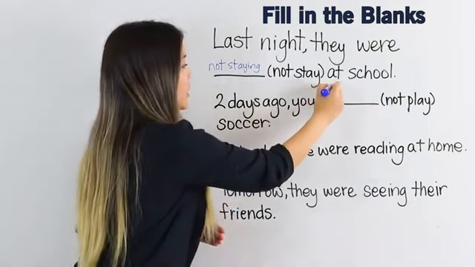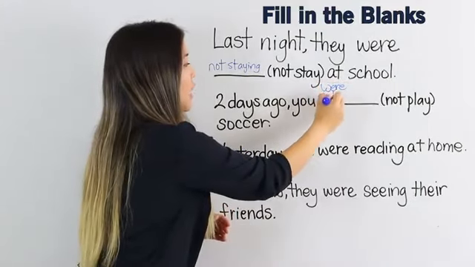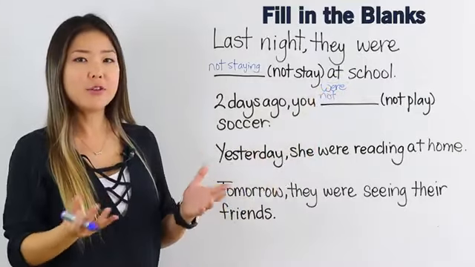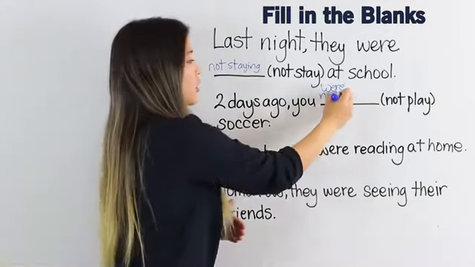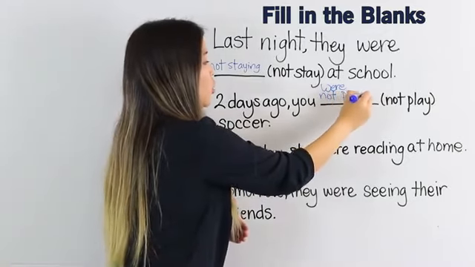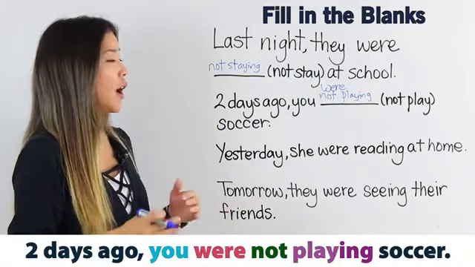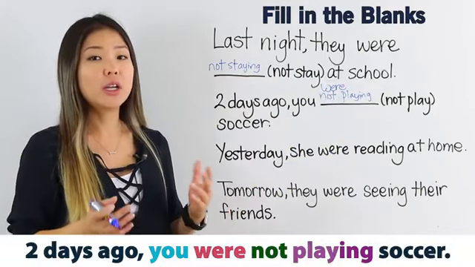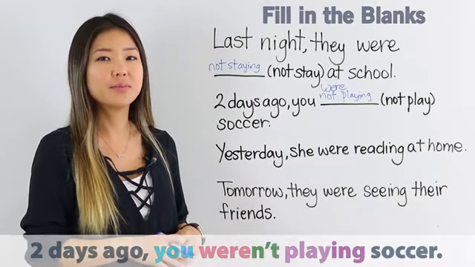The correct answer is were. And then we say not. What happens after that? Remember, verb ing. So, you were not playing. 2 days ago, you were not playing soccer. You can also use a contraction and say you weren't playing soccer.